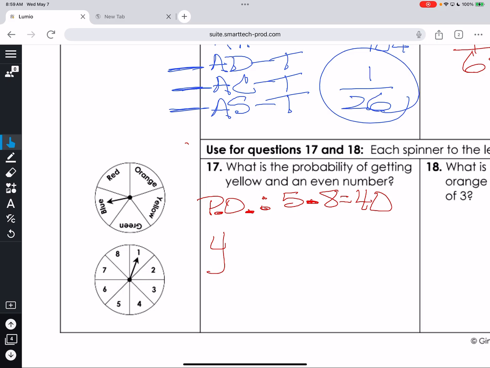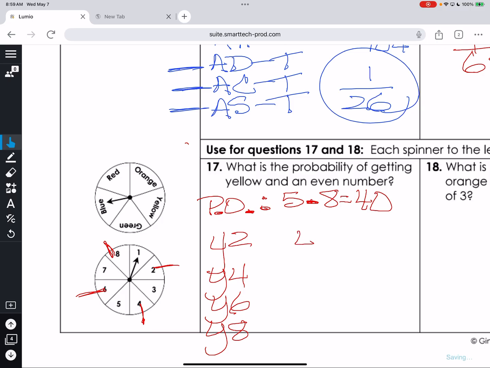How many even numbers are there? 2, 4, 6, 8. All right, so that means we could have a Y with 2, a Y with 4, a Y with 6, a Y with 8. So 4 options.